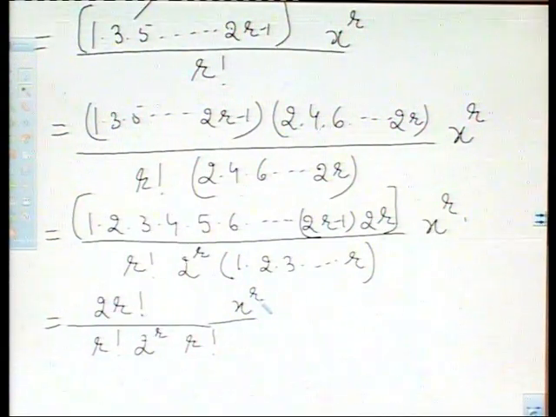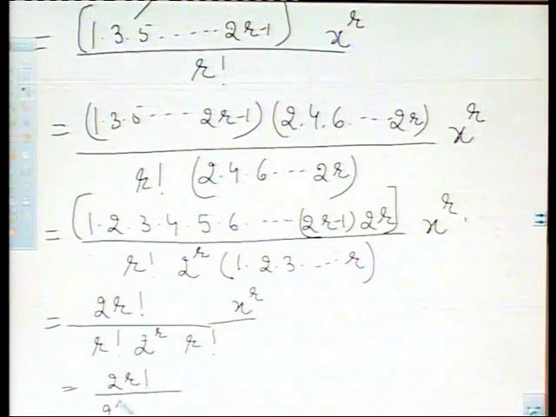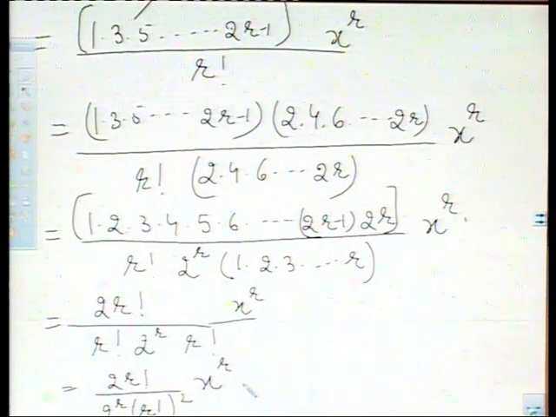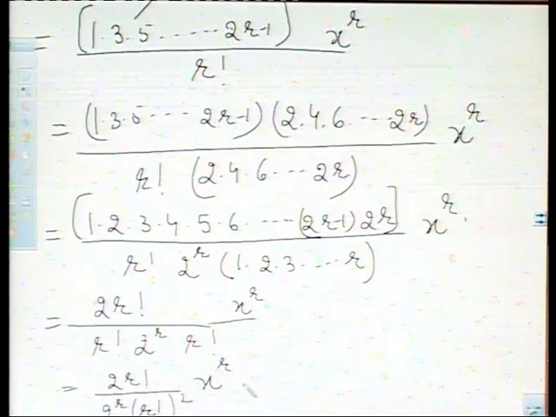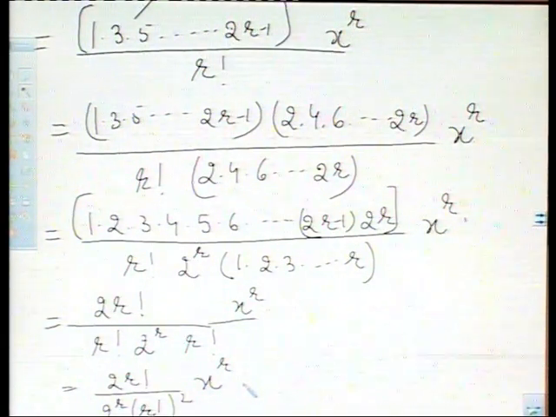So our answer is 2r factorial over 2 raised to power r times r factorial squared, times x raised to power r. We have to prove this answer, so we make so many simplifications.